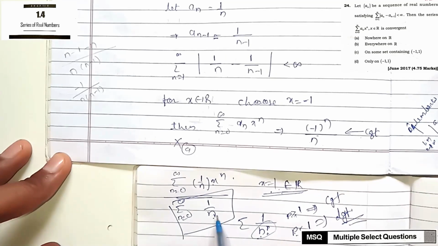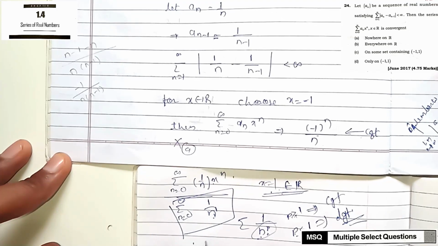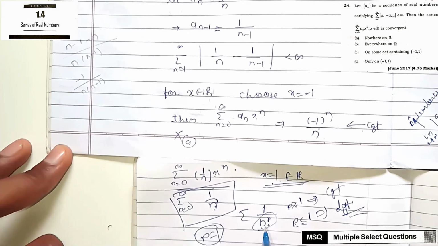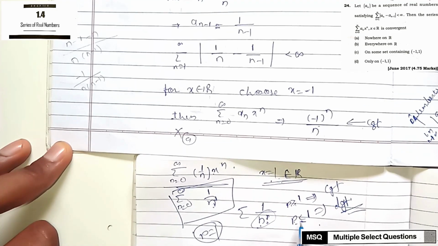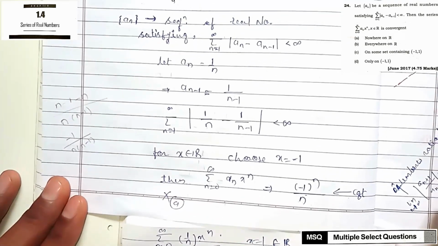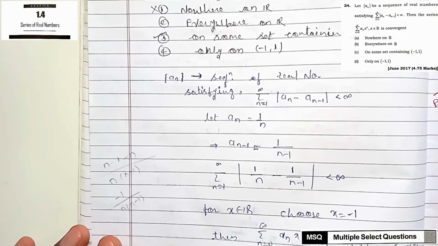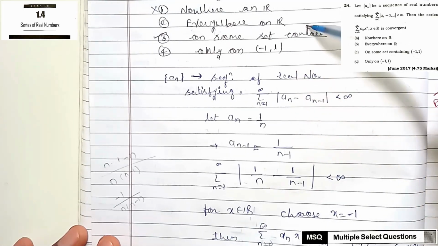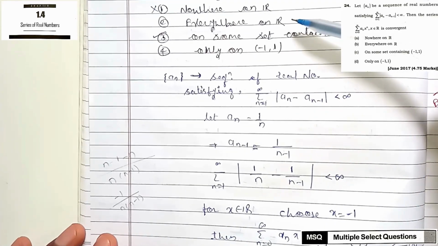Here we can see that p is equal to 1, so the series is divergent. So our second option is also discarded. It says that it is everywhere convergent on R, so option two is also wrong.